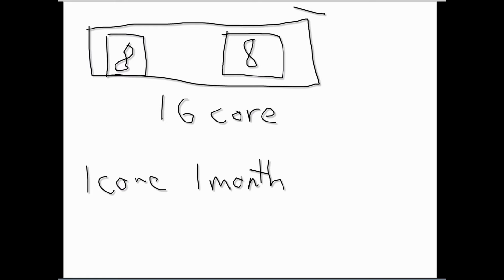So a 16 core node costs, say, $5,000. That's about what a 16 core node with 64 gigs of RAM costs. On Flux, you get 1 core for 1 month. Oh, and this also comes on standard Flux with 4 gigabytes of memory. So this is your purchase unit.